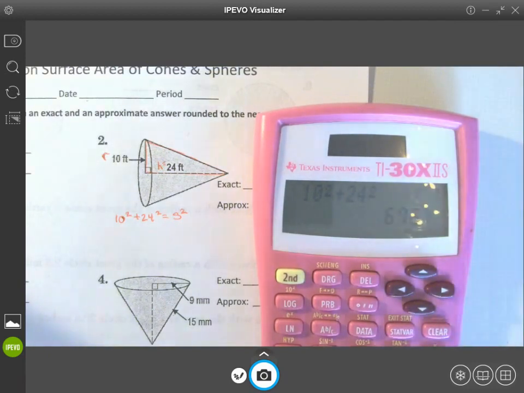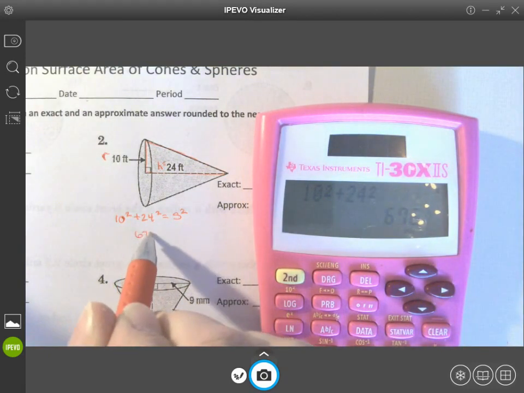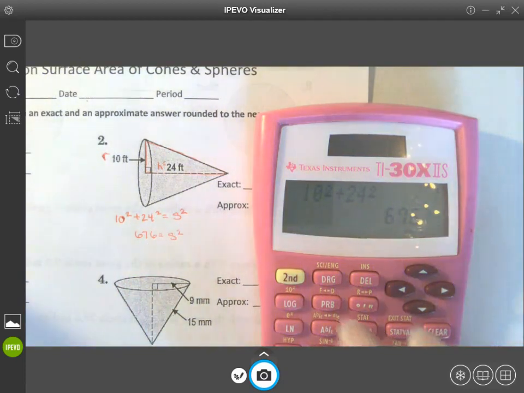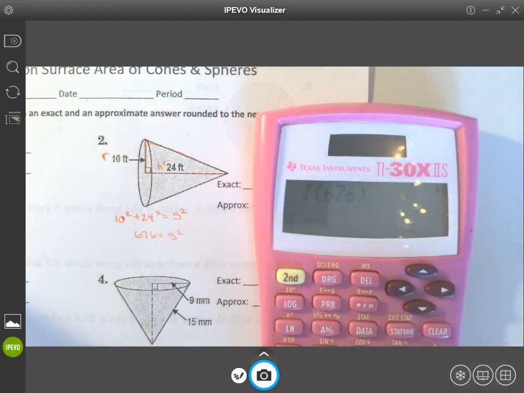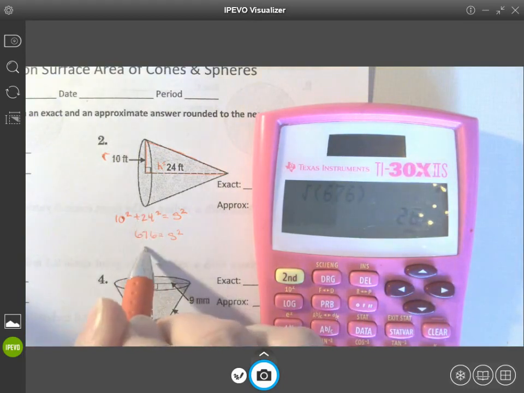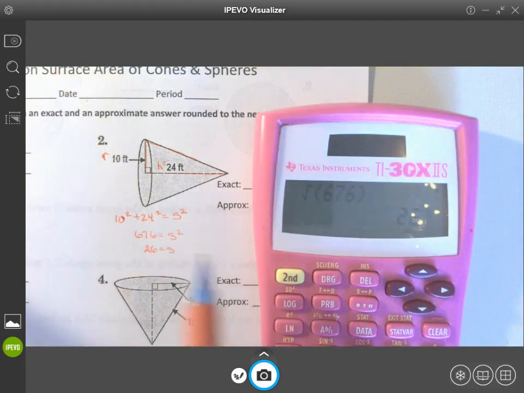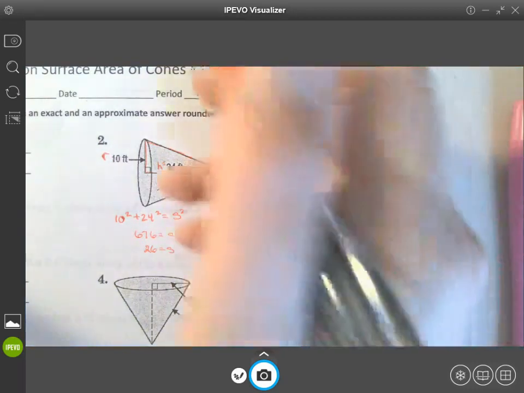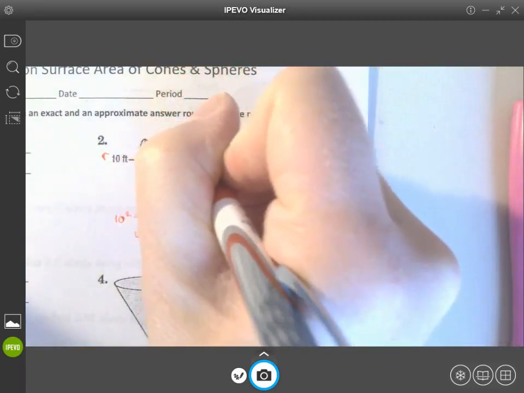I get 676. Now, how do I get rid of that square on the S? Take the square root, and I'm going to do, what was it, 676. I could just hit answer on that too, and I get 26. Okay, that's definitely reasonable. The hypotenuse should always be longer, so the slant height is 26.